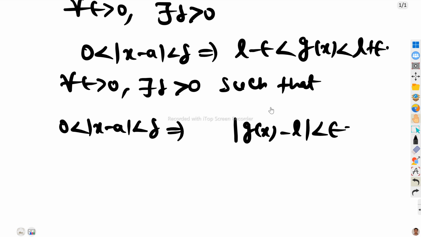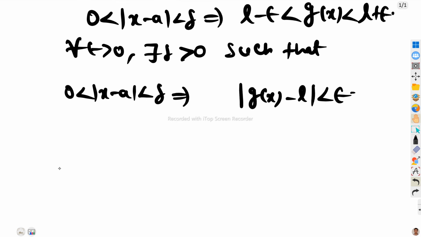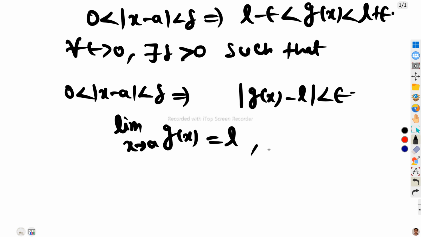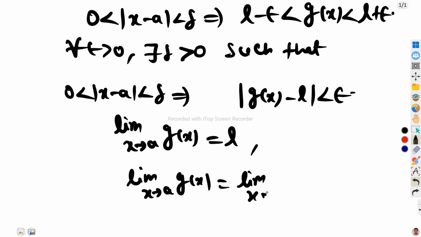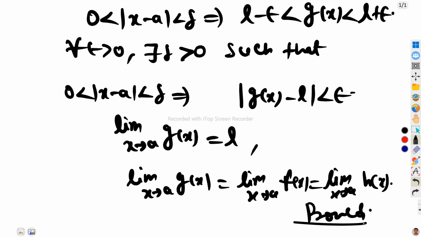This is the definition of the limit. It tells us that if x tends to a in a deleted neighborhood of a, then g(x) tends to L. So the limit of g(x) as x tends to a is L, and it is finite, of course. So the limit as x tends to a of g(x) equals the limit as x tends to a of f(x), and this is also equal to the limit as x tends to a of h(x). So we have proved the sandwich theorem, or the squeeze principle.